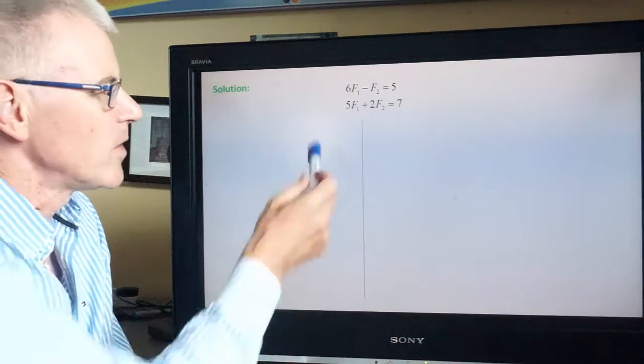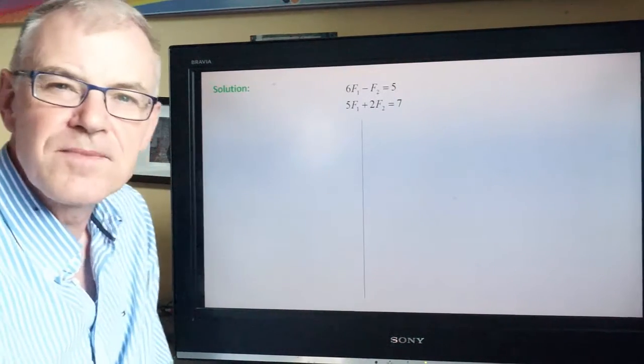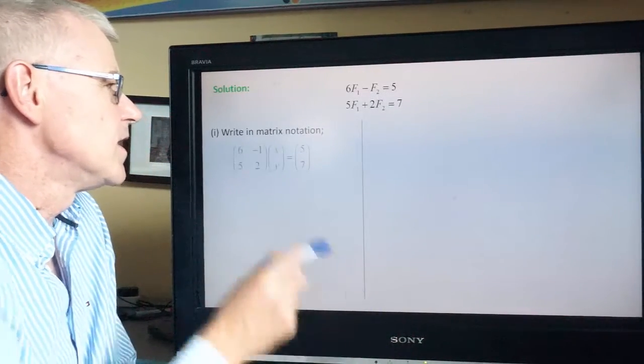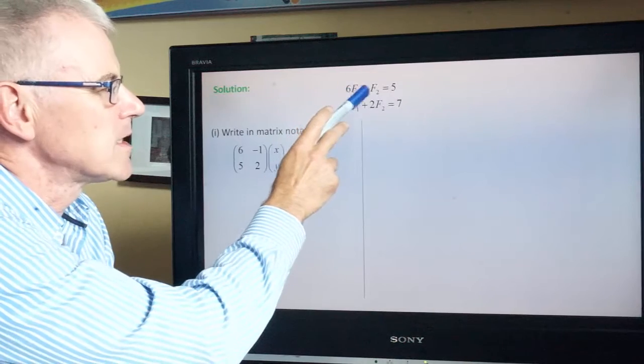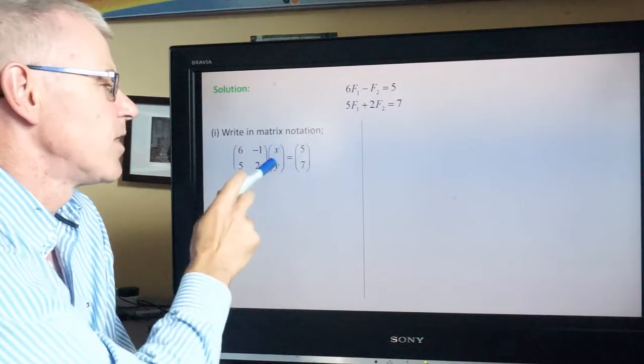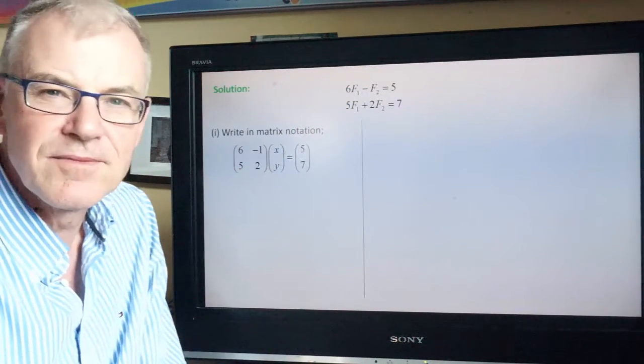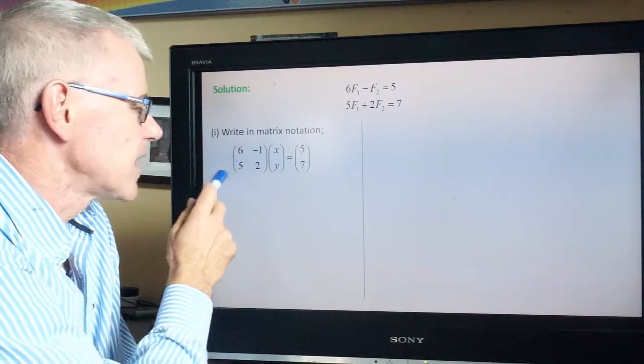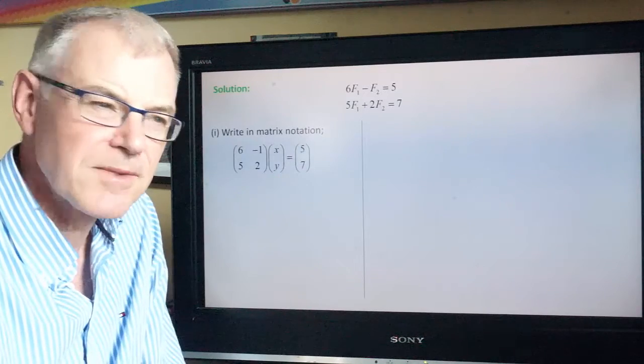So once again, we can write the two linear simultaneous equations in matrix notation as follows. So we get a new 2 by 2 matrix, 6, minus 1, 5, 2, multiplied by (x, y) equals (5, 7). So once again, we need to get the inverse of this matrix and multiply both sides by this inverse.